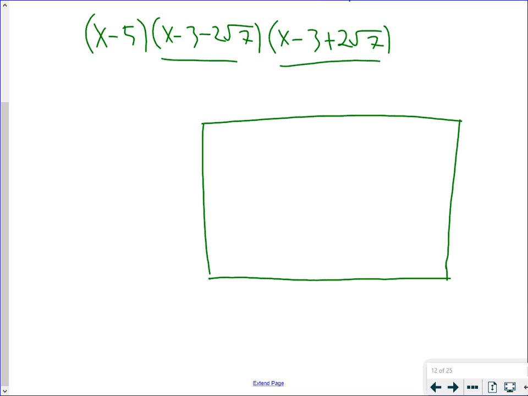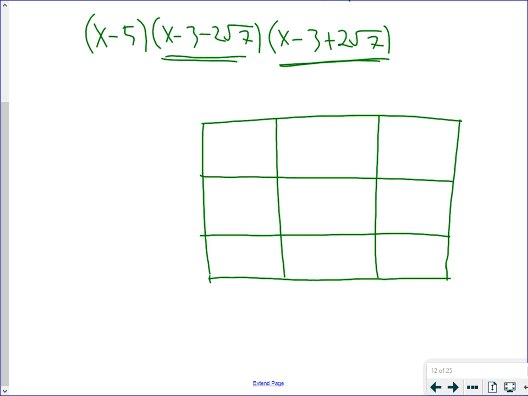Okay? So I'm multiplying 3 terms in the first polynomial with 3 terms in the second one. That means this needs to be a 3 by 3 box. I'm going to put my first polynomial that I'm multiplying on the top, so x minus 3 minus 2 root 7, and the second polynomial on the side, so x minus 3 plus 2 root 7.